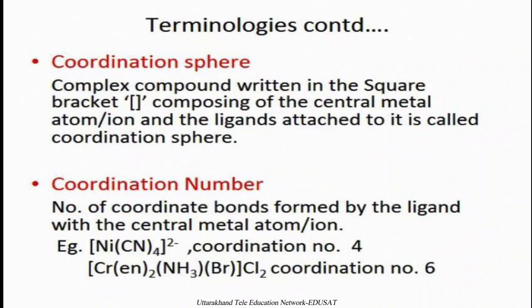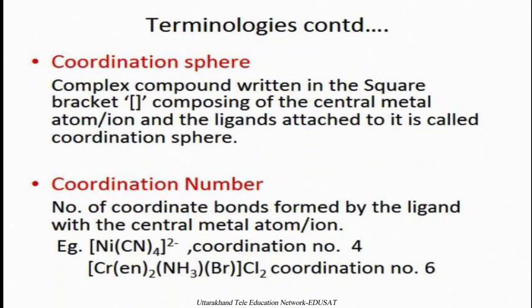Here also we have nickel tetracyano. In this compound we have nickel at the central position and the ligands surrounding it in the form of cyanide ions, and this is called the coordination sphere.